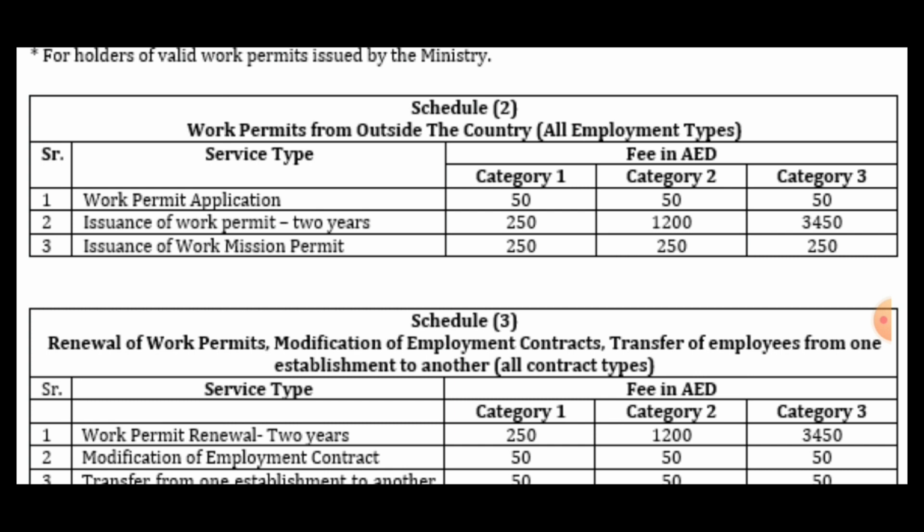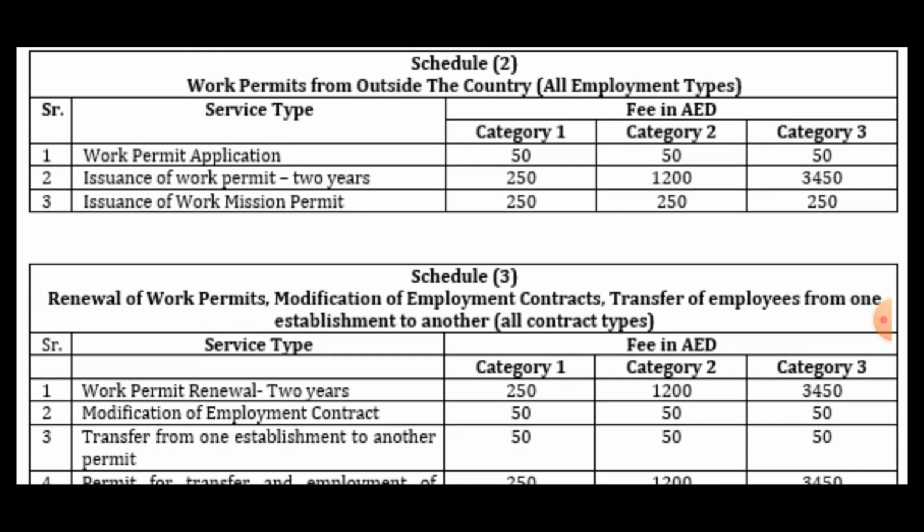Kindly note that this category also changes if you are employing a different nationality, and you have to go through the culture diversity. If you are employing a UAE national, then your category changes in the Ministry of Labor. So as per the category, the fees is this one.